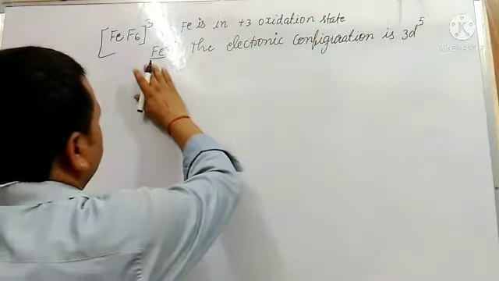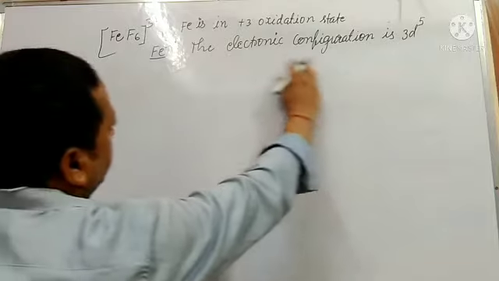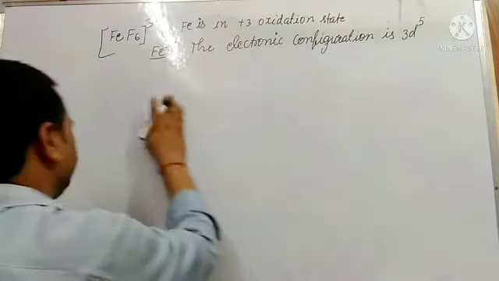So we wrote Fe +3, the oxidation state is +3, and the electronic configuration is 3d5.